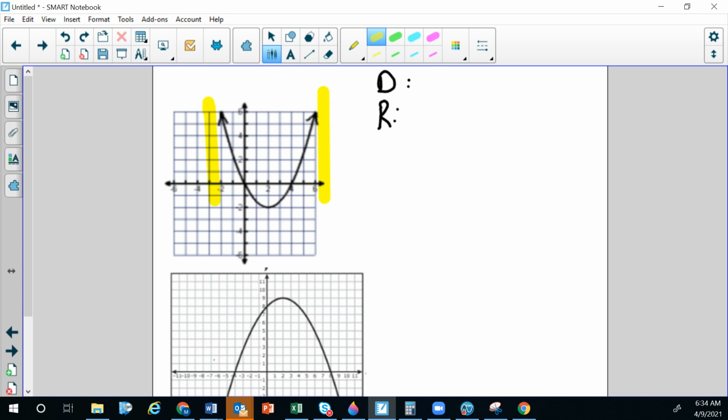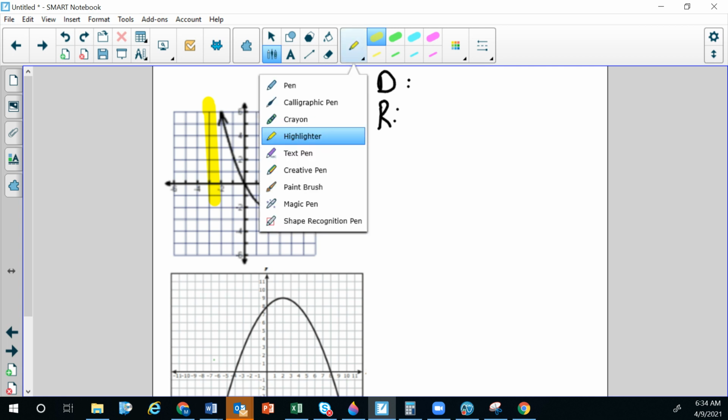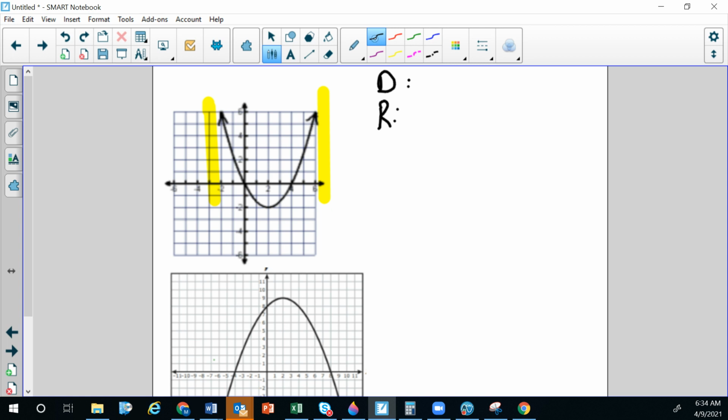Now let's count off our units. Okay. Let's see. On the left side, I'm going to have a -1 and -2. If you notice now, the line on the left side is an arrow on the graph. So that means that the x values just keep on going to the left. So therefore, it goes to negative infinity. And on the right side, if I count up the units, I'm going to have 1, 2, 3, 4, 5, 6.